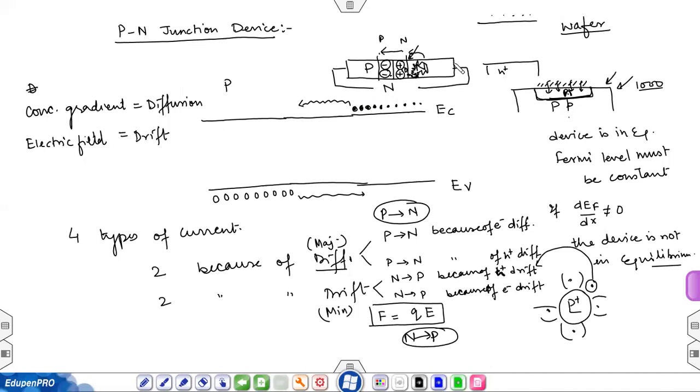Because of this electric field, there is a movement of minority charge carriers, holes from N to P and electrons from P to N, making a drift current, and the direction is from N to P. Whenever this P to N diffusion current and this N to P drift current become equal, we call that an equilibrium in the device.